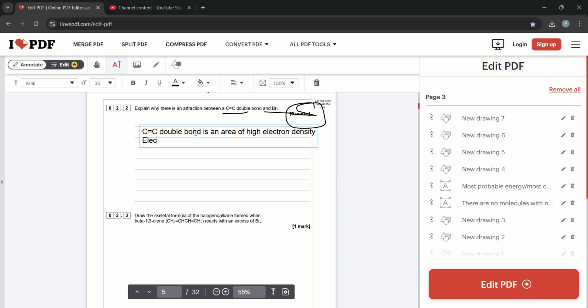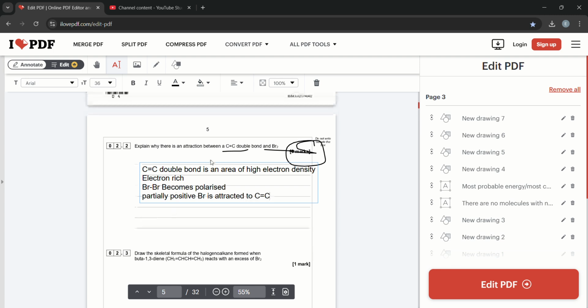It's electron rich, got a lot of electrons, okay? And the Br, what happens to that? It becomes polarized, and we know the partially positive Br is attracted to the carbon-carbon double bond.